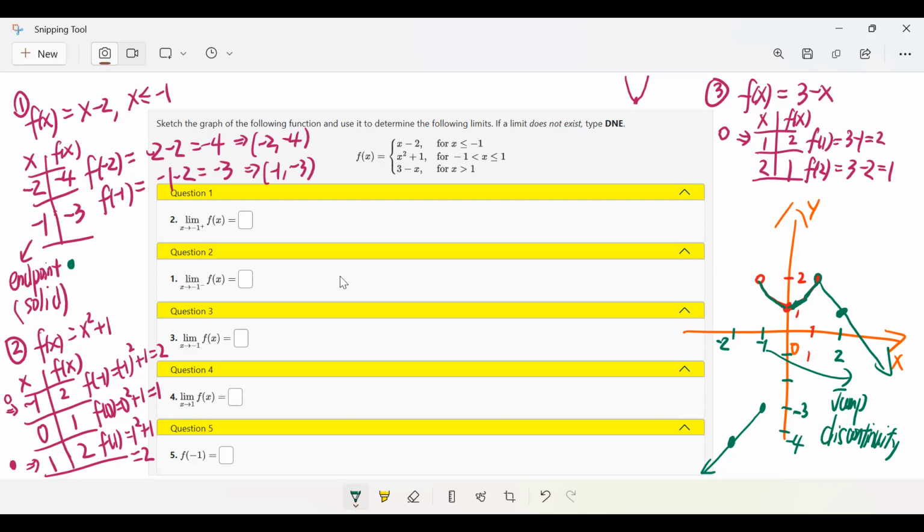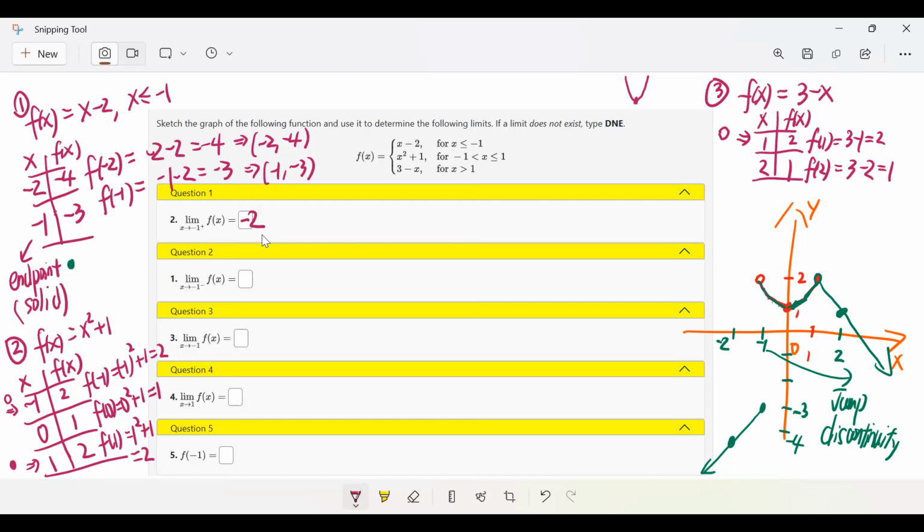Okay. And yeah, so let's look at the limits really quickly. So limit when x approaches -1 from the right, we're gonna go with the second piece, approaching -1, this is -1. We go here, approaching -1 on the right, and then the y value approaches -2. So just put in -2.